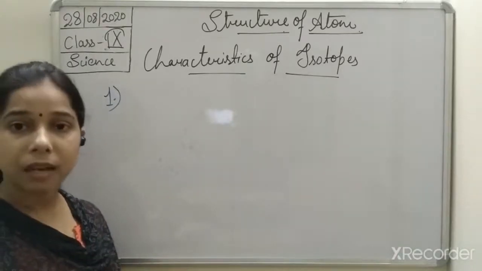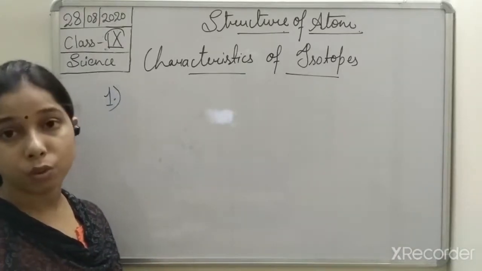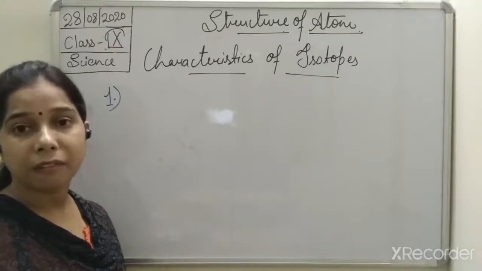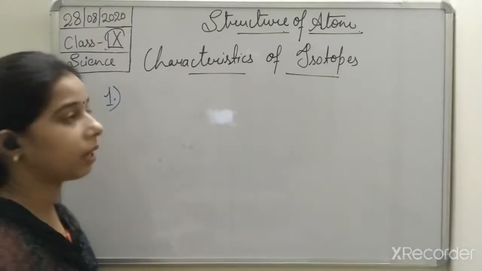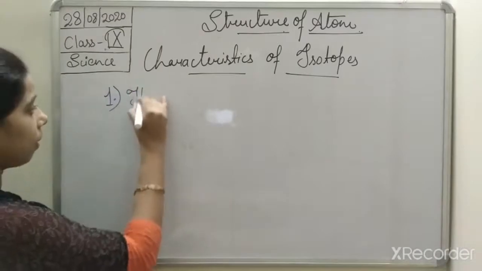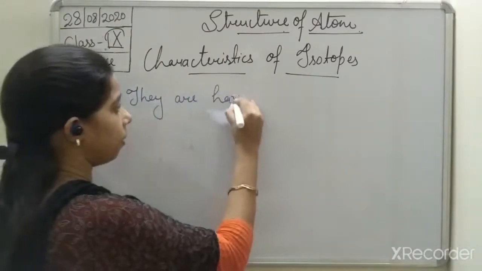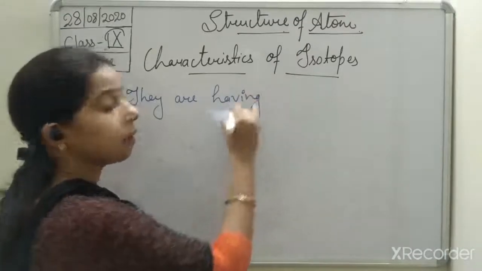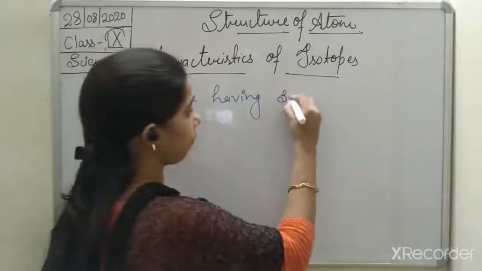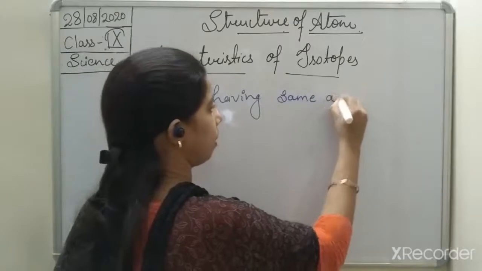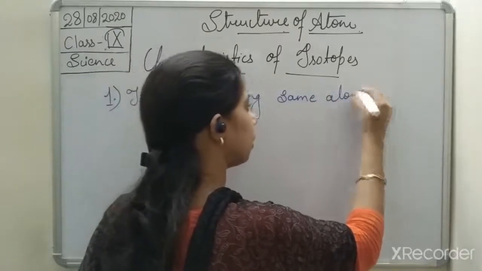One thing that is common in all the isotopes is that they have the same atomic number. So we can write: they are having same atomic number.